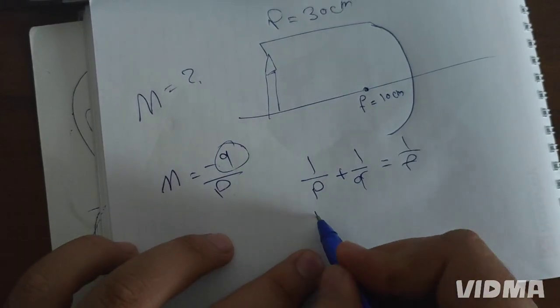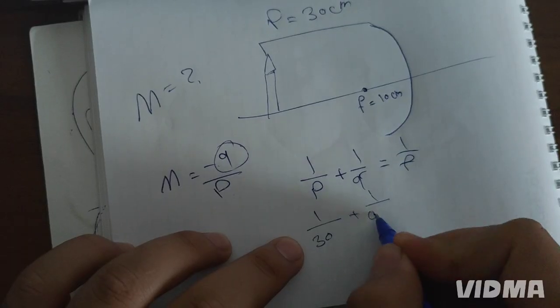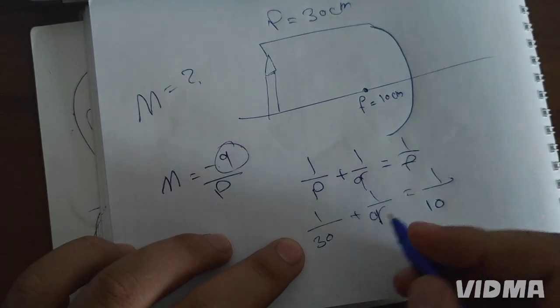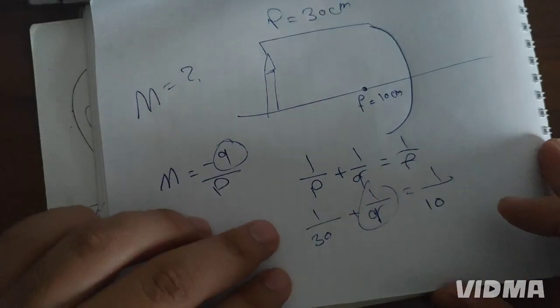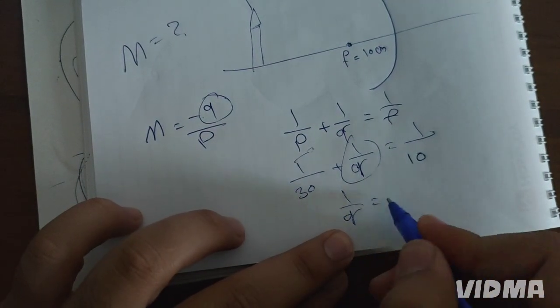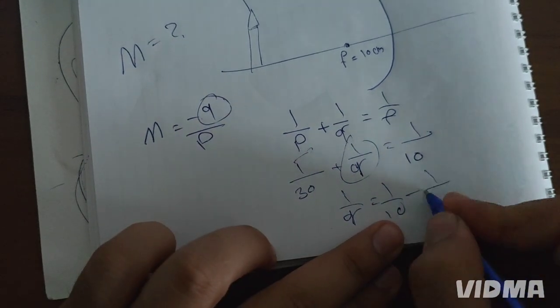We have to find the value of Q. We have P, so write down 1 over 30 plus 1 over Q equal to the focal length, 1 over 10. To find 1 over Q, take this fraction to the right side: 1 over Q equal to 1 over 10 minus 1 over 30.